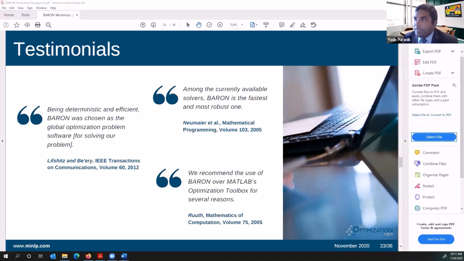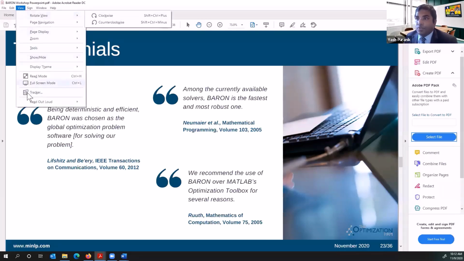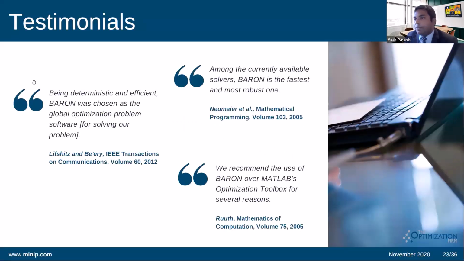Just a couple of testimonials, if you like, citations again from papers that I have on the slide. And these authors have again used BARON in their papers and have found it very useful. So the 2005 paper suggests that at the time BARON was the fastest and the most robust solver. It still is, of course, but the paper was from 2005. The paper from Ruth in 2005 was also interesting.